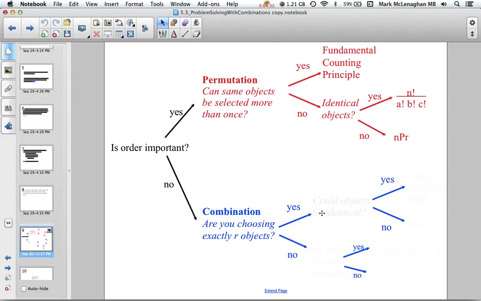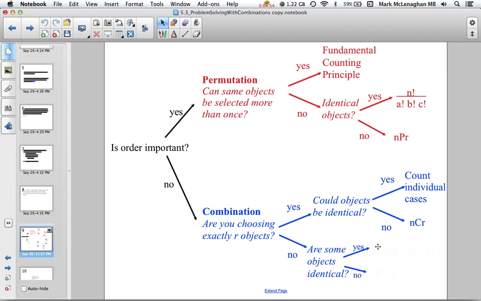On the combination side of things, are you choosing exactly r objects? Yes or no? Could objects be identical? Are some objects identical? Yes or no? Count individual cases? No, use nCr.